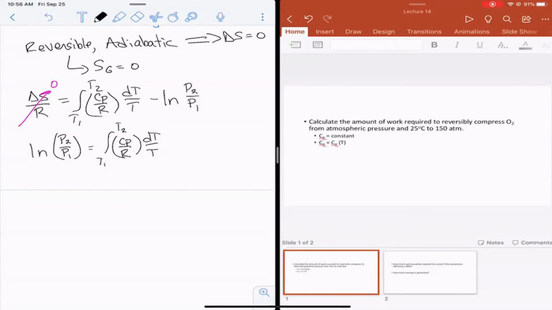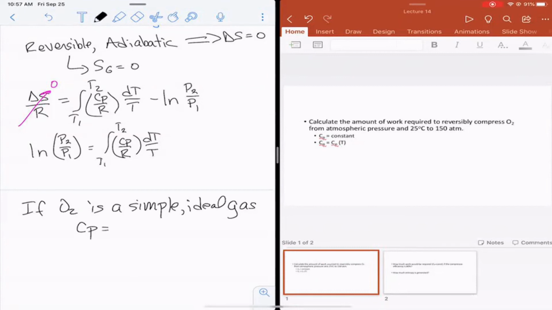We allow the heat capacity to change with temperature, okay? So we know that when oxygen can be considered a simple ideal gas, it's a diatomic molecule.